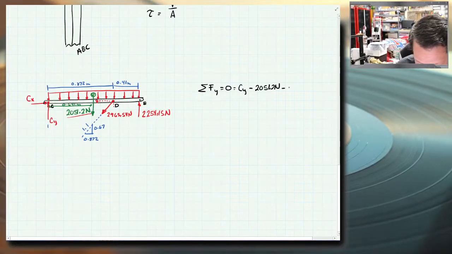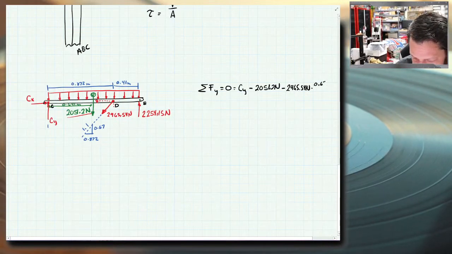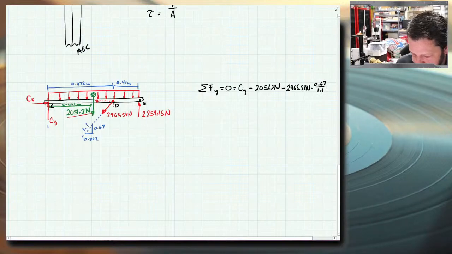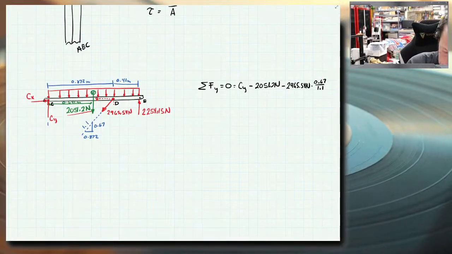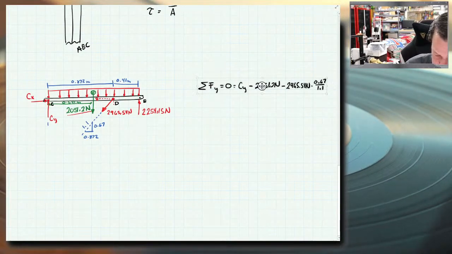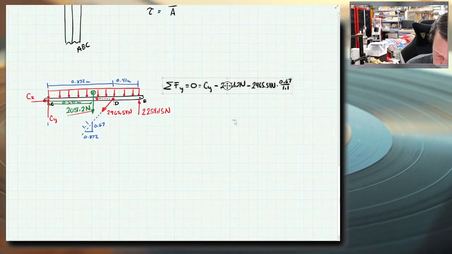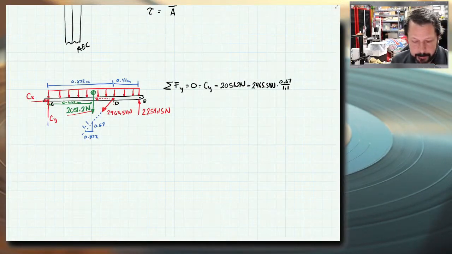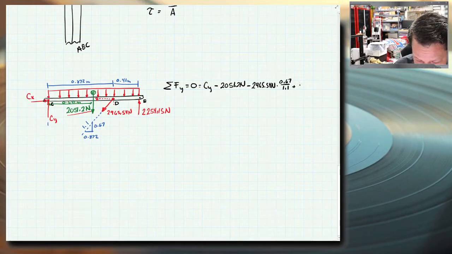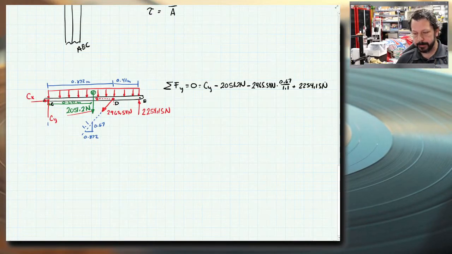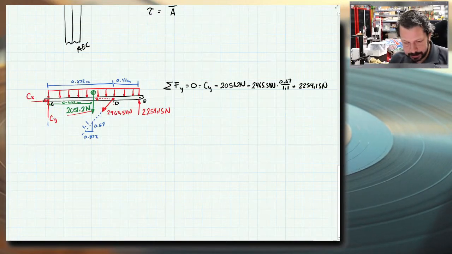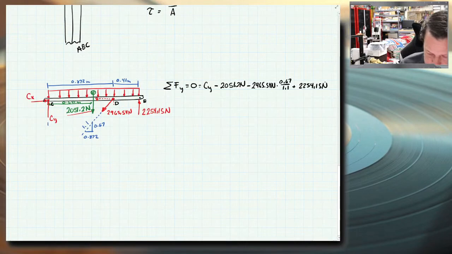So minus BD, which is 2965.54 newtons, but only the y component, so times 0.67 over 1.1. Plus 2254.15 newtons from EY. So the only unknown is CY, and we should be able to solve for it.